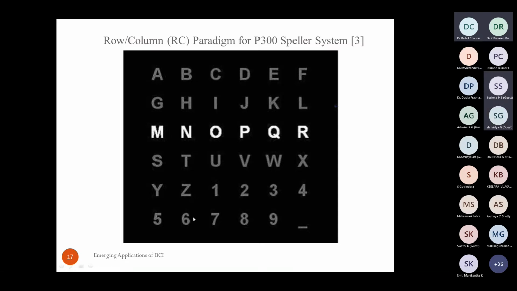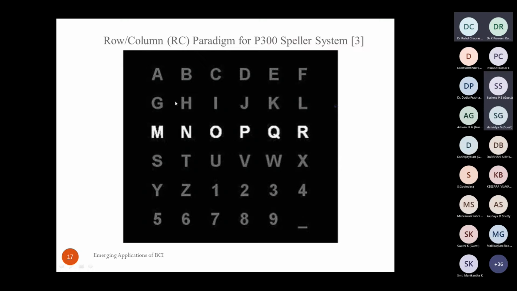Sometimes a different column will be intensified, randomly and very quickly. Suppose you are focusing on H. Whenever the second row or second column intensifies, your brain is focusing on H, and because of the very high light coming on, your brain is in alert mode and will generate the P300 ERP.